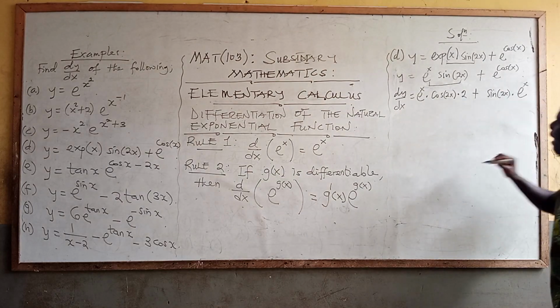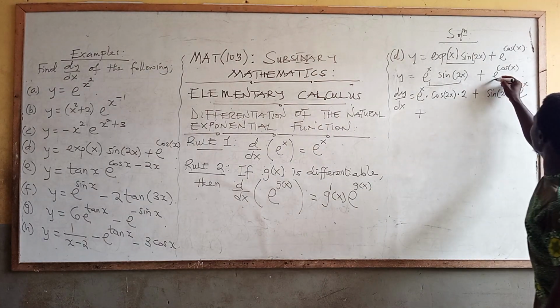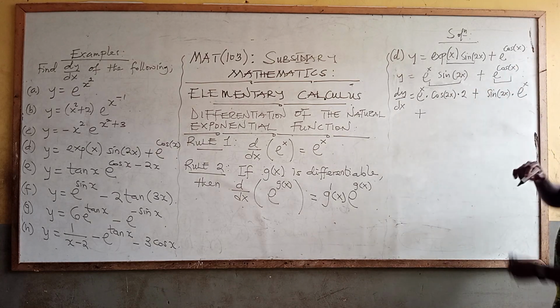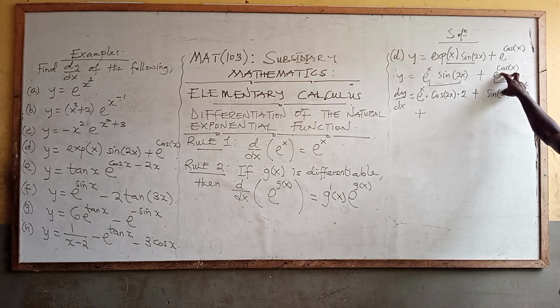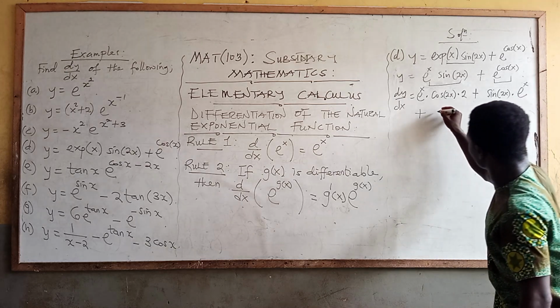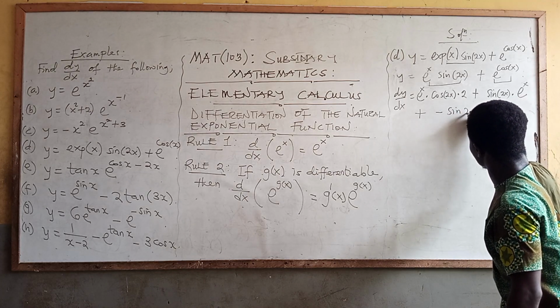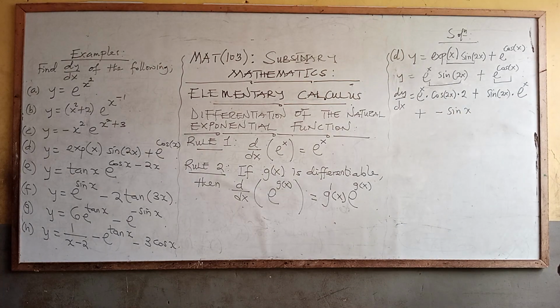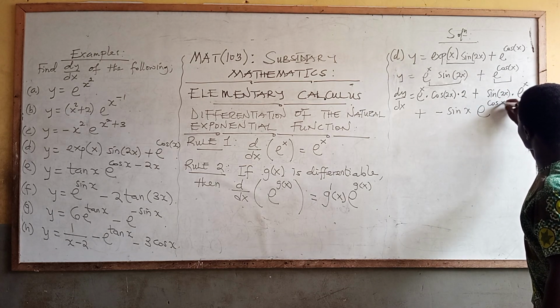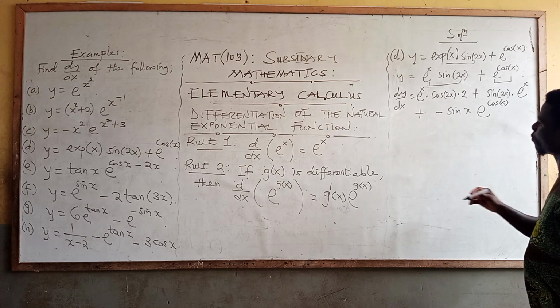Right? Then plus, how do we differentiate e to the power cos x? You want to differentiate e to the power cos x, I said differentiate the exponent. The exponent is what? Cos x. When you differentiate cos x, you get minus sine x. So my minus sine x, then multiply by e to the power cos x. So I have this. So let's rearrange.